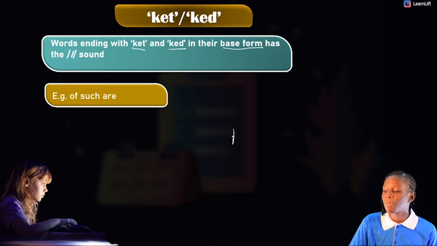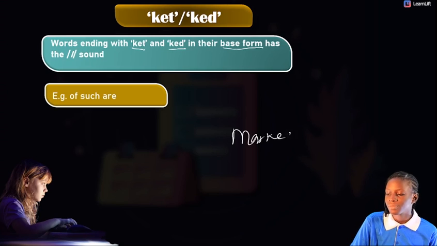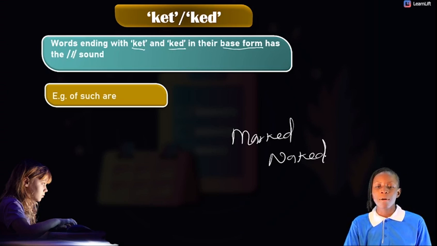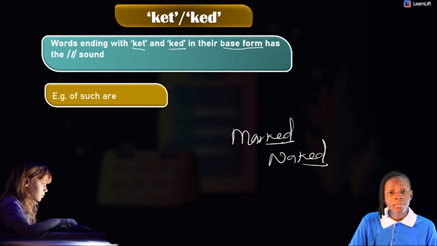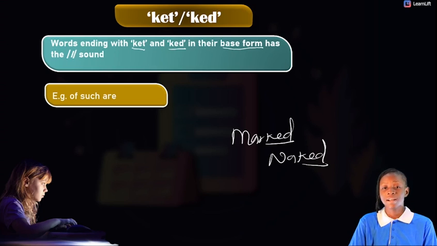Now we have one example here as marked, and then we have naked. Now let's compare these two words. Marked ends with KED and so does naked, but is marked in its past form, or in its base form? How about naked? Is naked in its past form or in its base form? Now this is it.